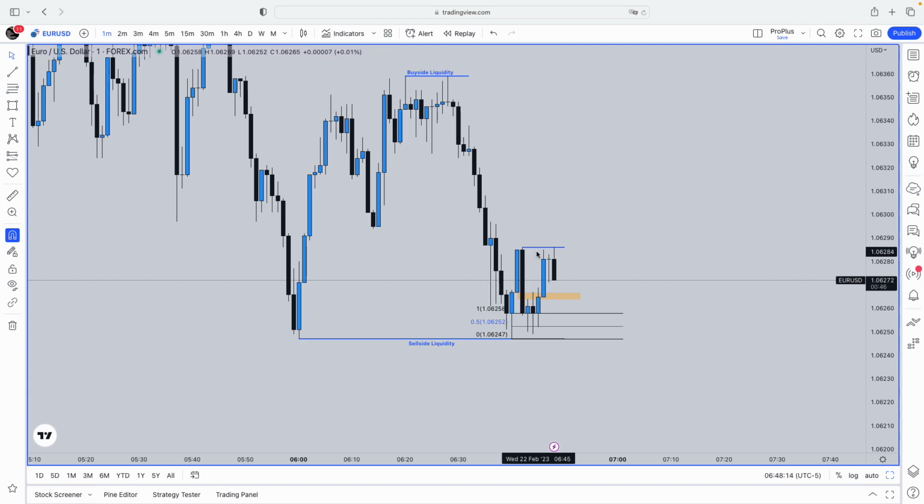Leaving equal highs. So people think it's resistance here. People think they're safe. Tapping into this fair value gap. Hasn't tapped back into this.